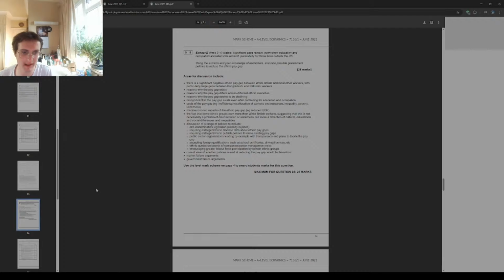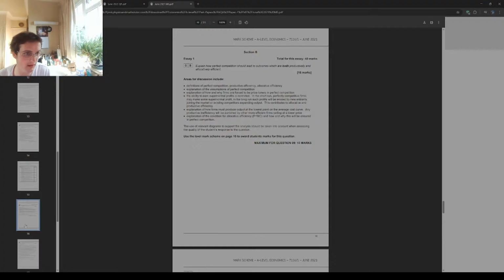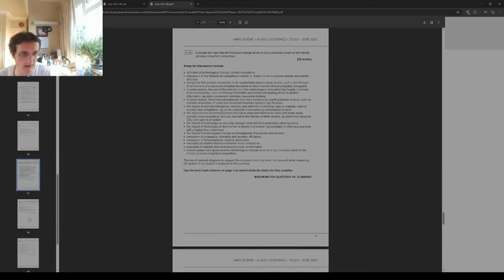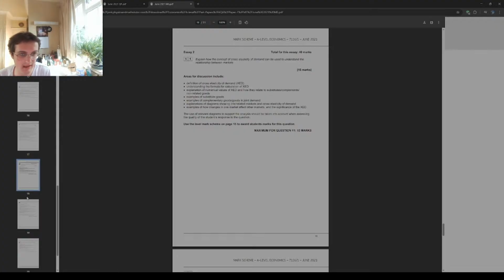Government failure, market failure. Okay, I could actually use the same diagram like I did before for that one. Perfect competition, again, I can't use it for that. Essay, this one I can actually use the tariff diagram again to promote merit goods.